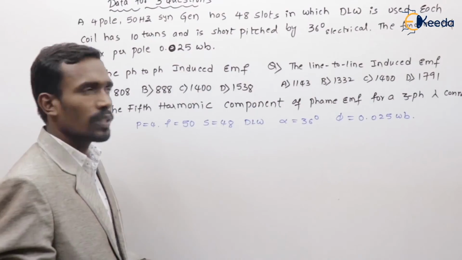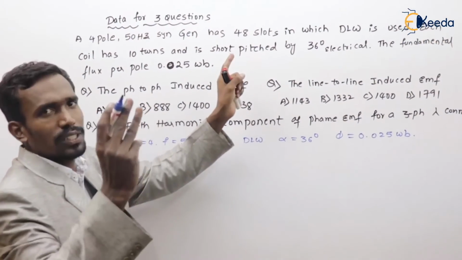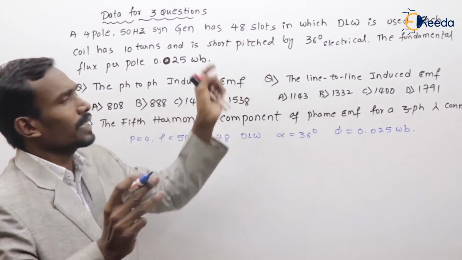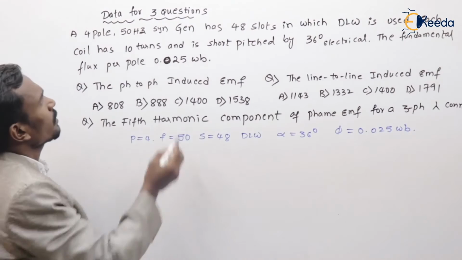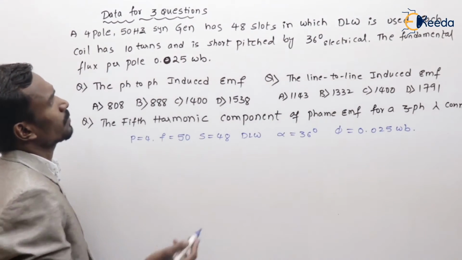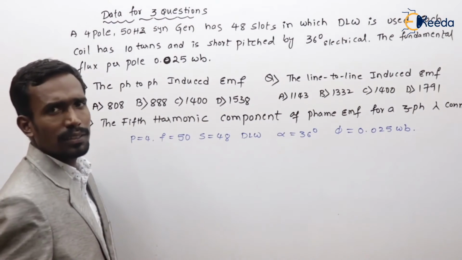Okay, see, this is the data for 3 questions. A 4-pole machine, 50 Hz, 48 slots, double layer winding.